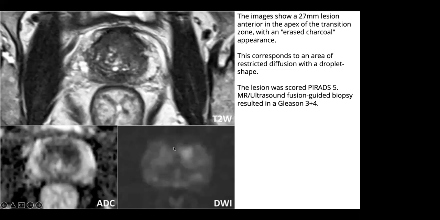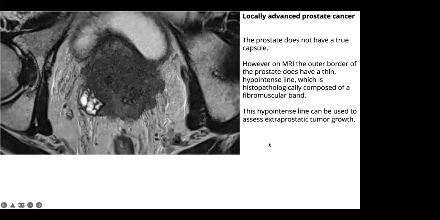So this lesion again is highly suspicious, and as we have discussed, the size of this lesion is 27 millimeters, making it a category 5 lesion. And again, on the images, the capsule looks to be intact, and the ill-defined appearance, hypointensity on T2 and ADC mapping is making it highly suspicious for prostate cancer.